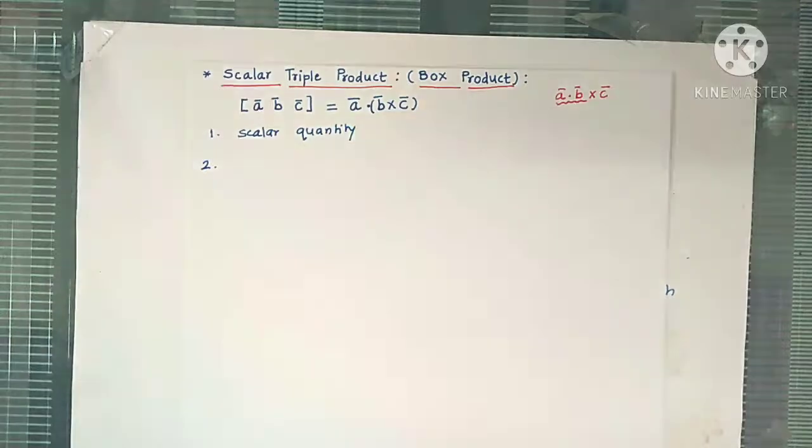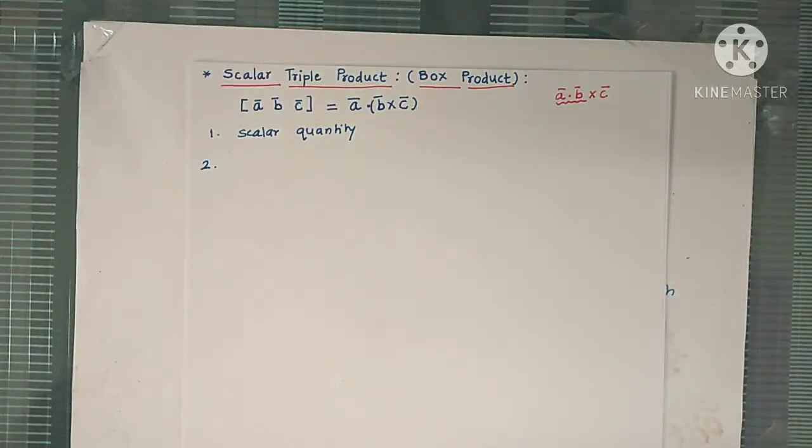The second one is, first of all, let's see this scalar triple product in terms of i, j, k. So what is a scalar triple product?